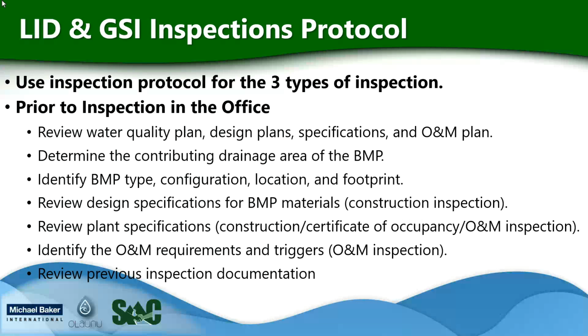This should include review of water quality plan, design plans, specifications, and the O&M plan, determining the contributing drainage area of the BMP, identifying the BMP type, configuration, location, and footprint, reviewing design specifications for BMP materials, that's prior to a construction inspection, and then also reviewing plant specifications, identifying the O&M requirements and triggers prior to an O&M inspection, and reviewing previous inspection documentation.